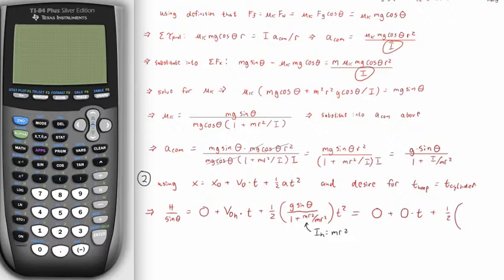And then g sine theta divided by 1 plus 1/2 mr squared divided by mr squared, times t squared. Let me see if I can get that all to fit.